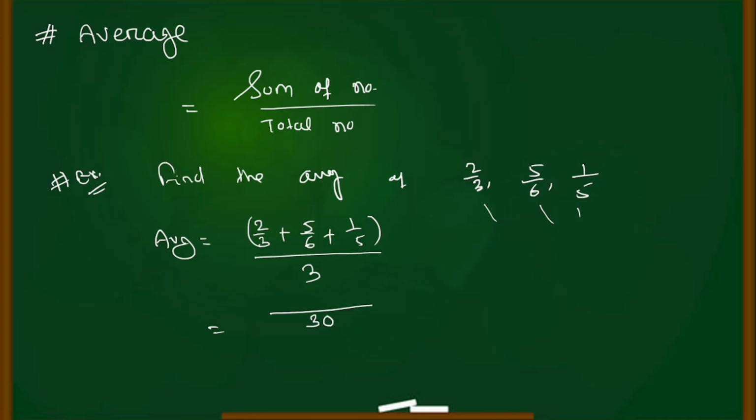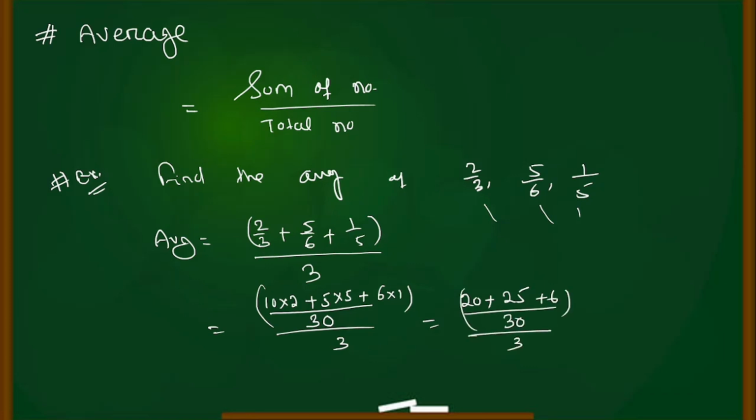In the 3 table, 3 tens are 30. So write 10 into the numerator 2, plus 6 fives are 30, so write 5 into 5, plus 5 sixes are 30, so write 6 into 1. Now divided by 3. 10 twos are 20, plus 5 fives are 25, plus 6, divided by 30.